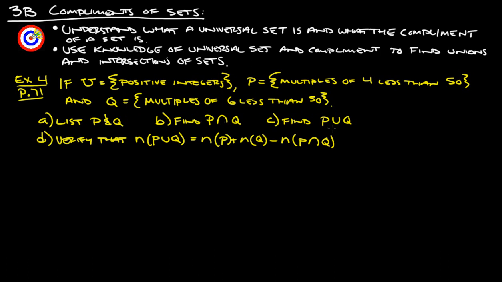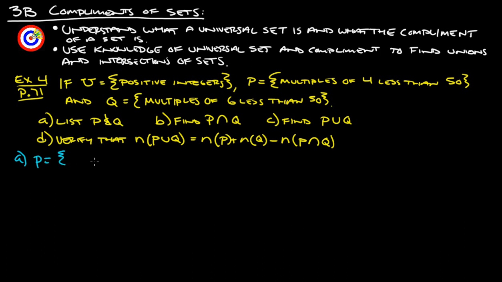We're going to list P and Q, find P intersect Q, find P union Q, and then D is the hard one: verify that the number of elements of P union Q equals the number of elements in P plus the number of elements in Q minus the number of elements in P and Q. Alright, so let's start with A.